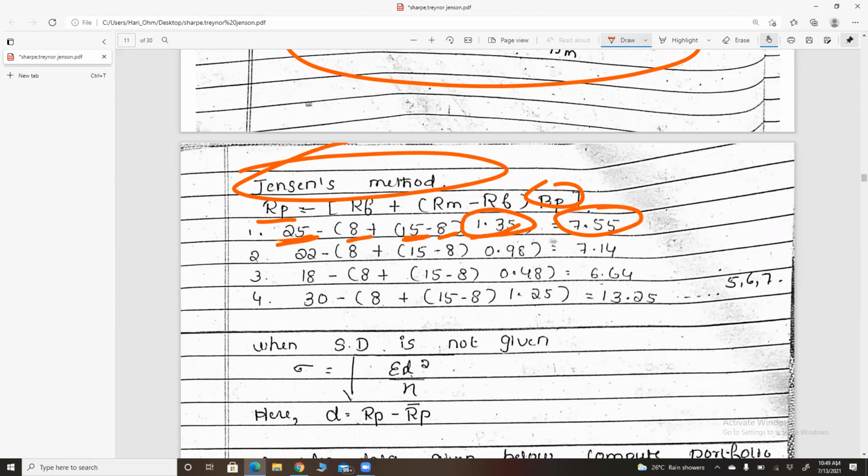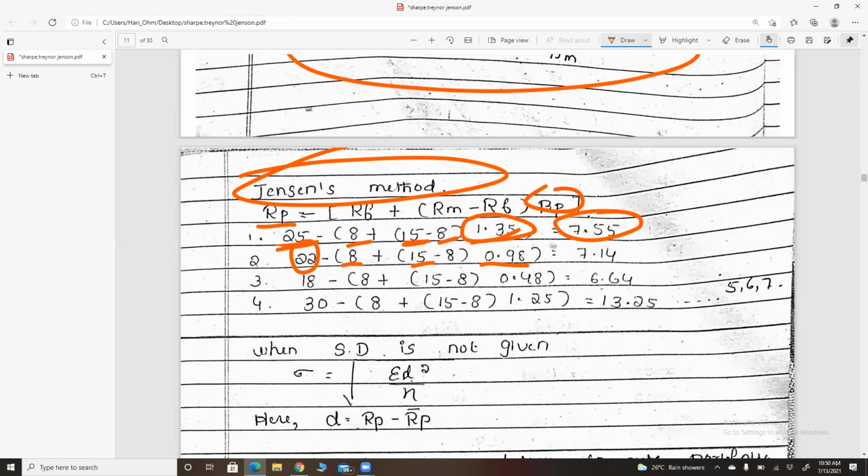It's easy. All the information that you got in the first two methods, you need to apply in the Jensen formula. 25 is the RP, 8 is the RF. Like that, calculate for the second one: 22 is the RP for the second mutual fund, 8 is the RF, 15 minus 8, then multiply with the beta. Like that you have to calculate for all.